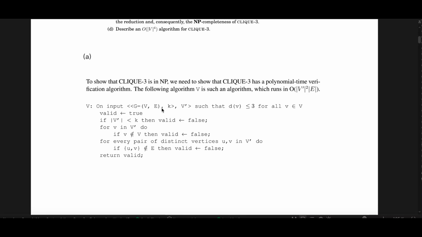Then for v in V+, do like this: if v doesn't belong to V, then valid is false. For every pair of distinct vertices u, v in V+, do like this: if (u, v) doesn't belong to E, then valid is false. And finally, we return valid.